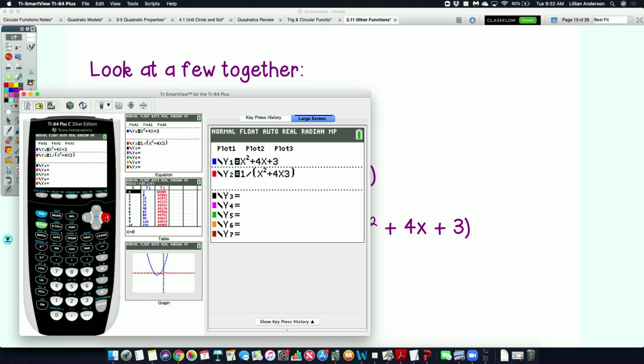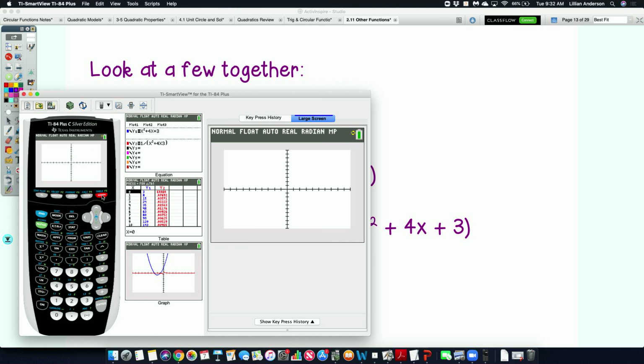You see your observations? X-intercepts are the vertical asymptotes? Do you have any extrema? Is it the opposite on that reciprocal function?